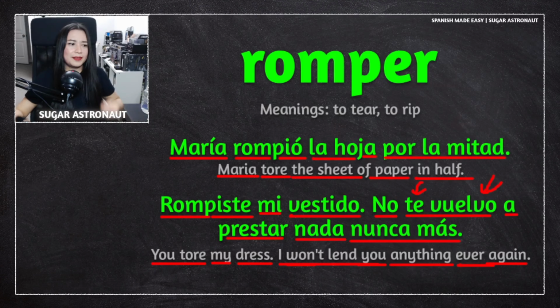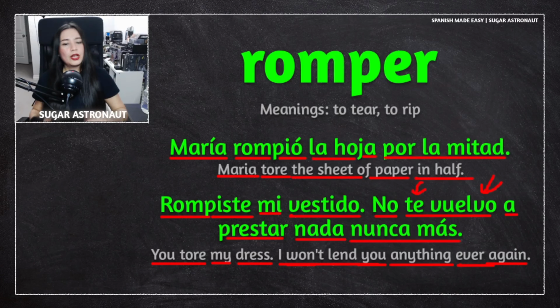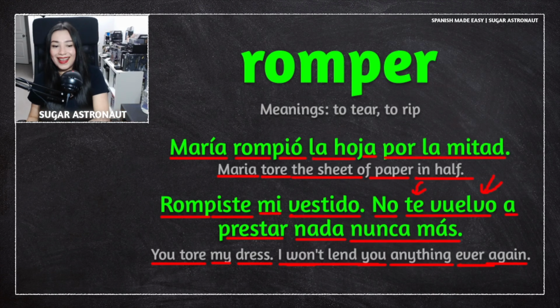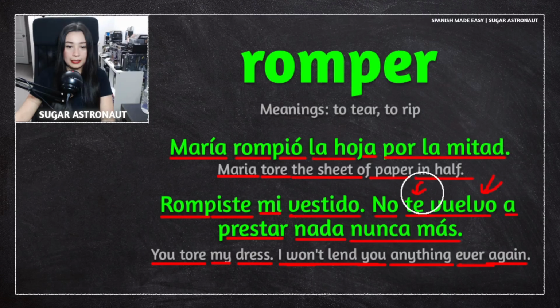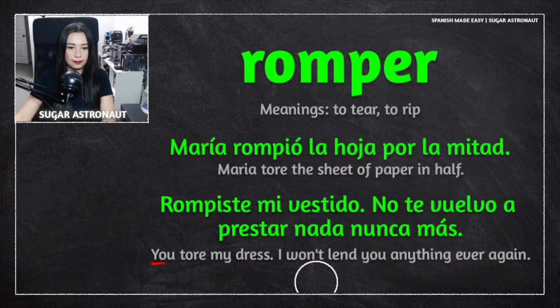This is a more advanced situation here. Rompiste mi vestido. You tore my dress. No te vuelvo a prestar nada nunca más. I won't lend you anything ever again. Volver a. That's an interesting phrase. We should talk about that verb / phrase in the future.